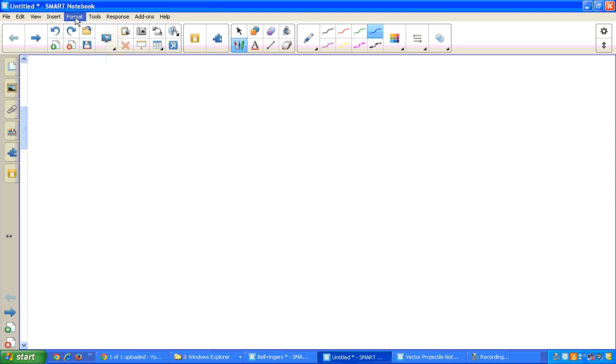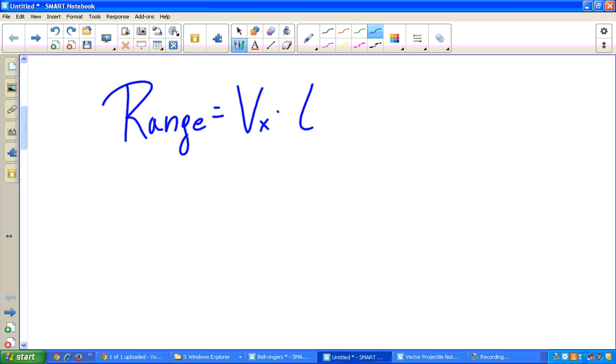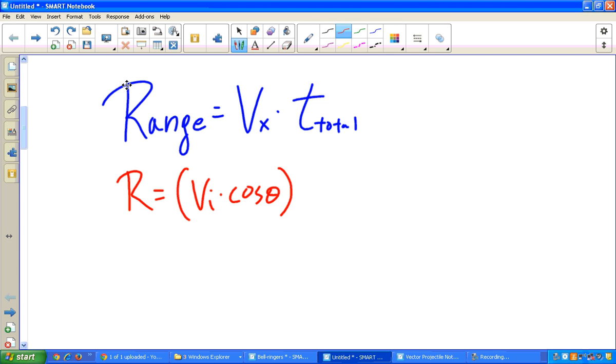Okay, here we go. Recall from the previous video that the range of any fired projectile is simply going to be the horizontal component of velocity times the total time that a projectile is in the air. So, just as we did previously, the range, which I'm going to abbreviate as R, is going to be the horizontal component of velocity, which is just VI cos theta, times our total time.